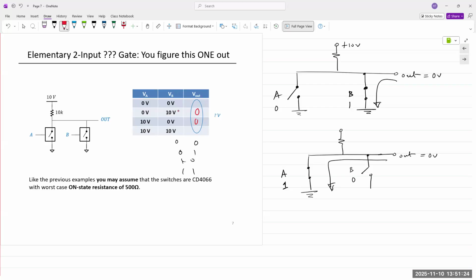And so what this tells us is, if either one of the switches is activated, meaning it's closed, it provides a pathway to ground. And if it provides a pathway to ground, that means the output is 0. So if both switches are closed, nothing changes. It still provides a pathway to ground. Output still is 0.